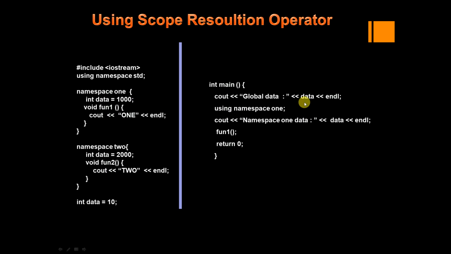Which one will it print: the global data, the namespace 1 data, or will we get an error? If you want to call a function after including the directive method, you use fun1 like this, and return 0.